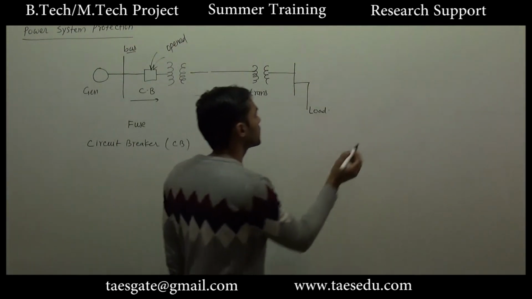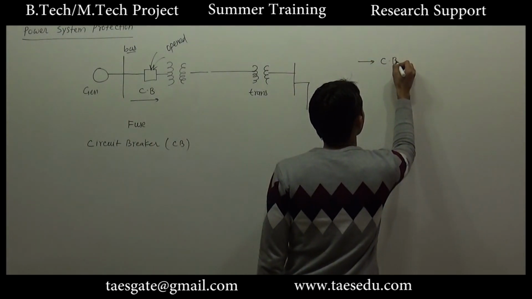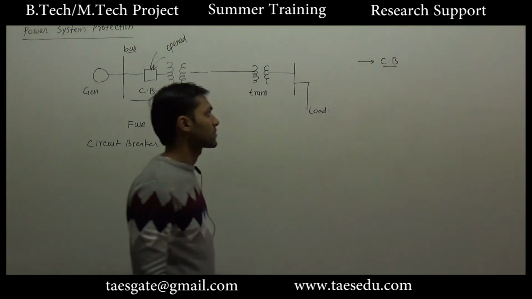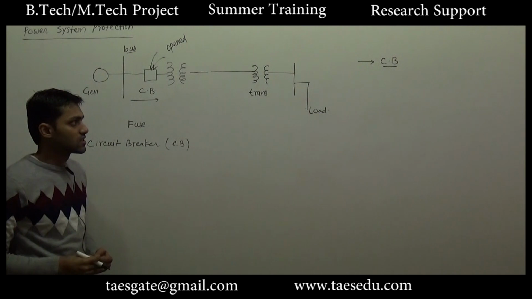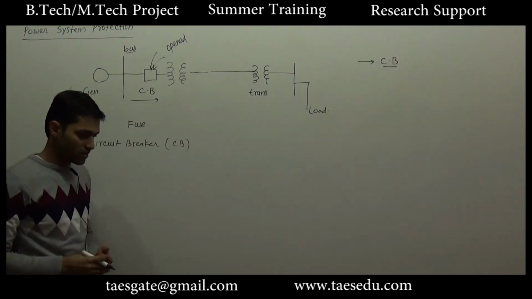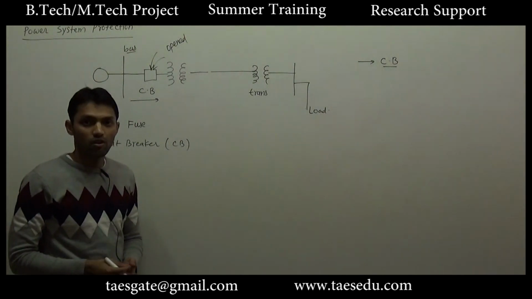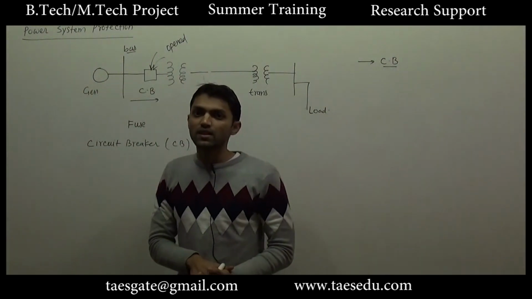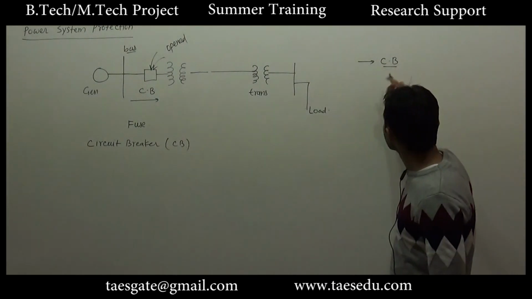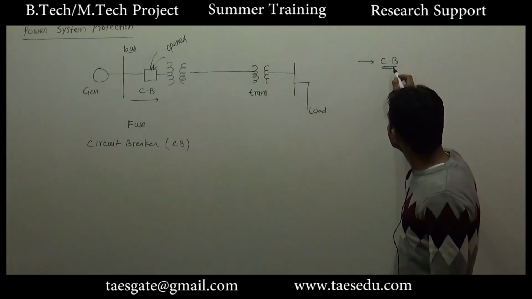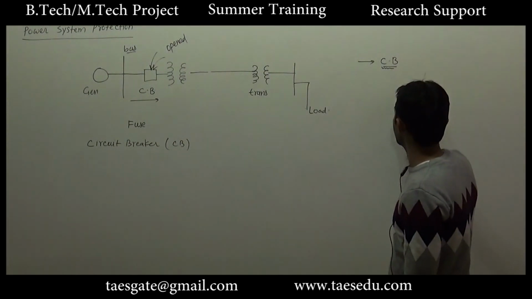So one component that we will study in power system protection is the circuit breaker. Circuit breakers are only switches. These are automatic switches, but how will the circuit breaker operate, or who will make the decision to operate it? The decision of operation of the circuit breaker is not manual.